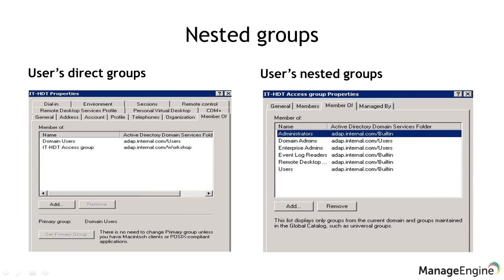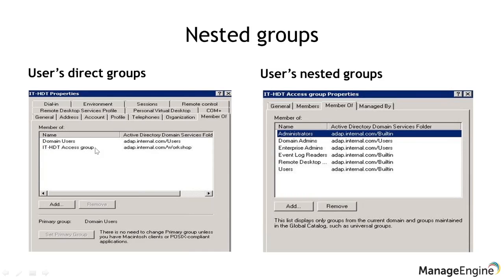That's crucial, isn't it? So what I would request you to do is, whenever you are trying to investigate the permissions of a specific user account with regards to group membership, investigate the nested group membership of the user account as well. In this case, the user is directly a part of Domain Users and ITHTT access group.